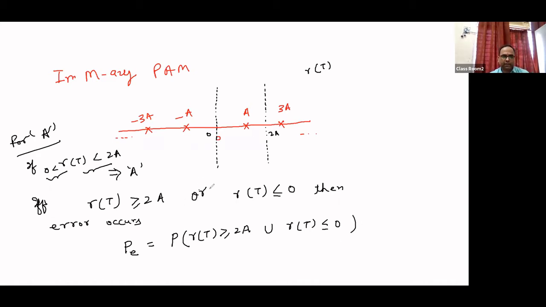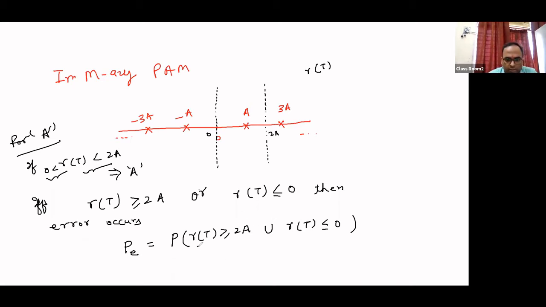Because here we have the sign OR, and OR in set theory corresponds to union. So if RT is greater than 2A union RT is less than 0, if we find the probability of this event, then this is the probability of error. Because this is the situation of error when your received signal is greater than or equal to 2A or RT is less than or equal to 0, and in place of OR we can simply write the term union.